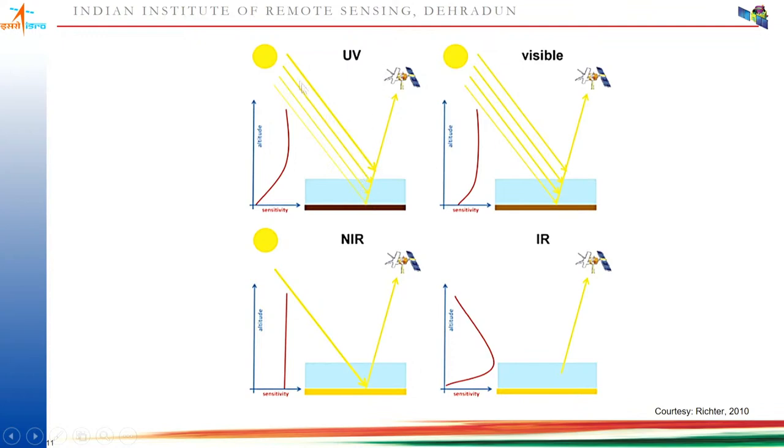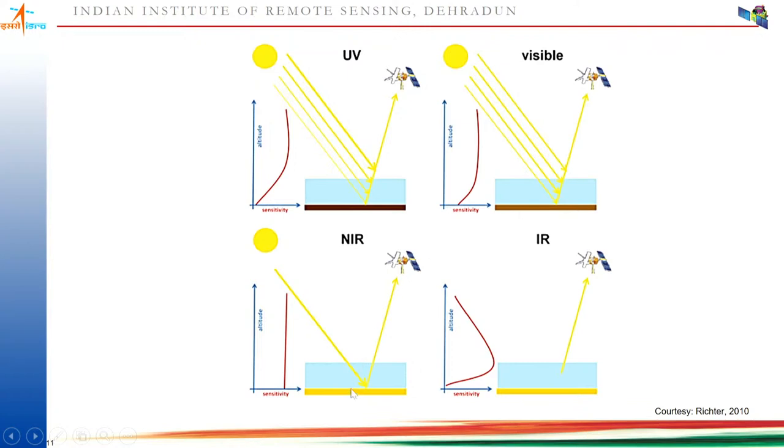It has a strong intensity, and that's why it has a large signal to noise ratio. In the visible also, the Rayleigh scattering is more from the lower part of the troposphere.